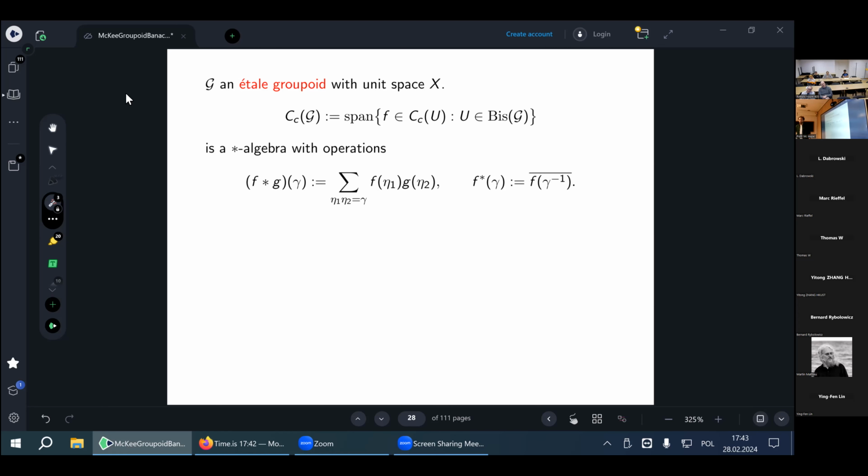So this is the span in the space of all complex valued functions on G. Yes, this span you're asking about. So we can define convolution on this in the usual way, and the involution as well.